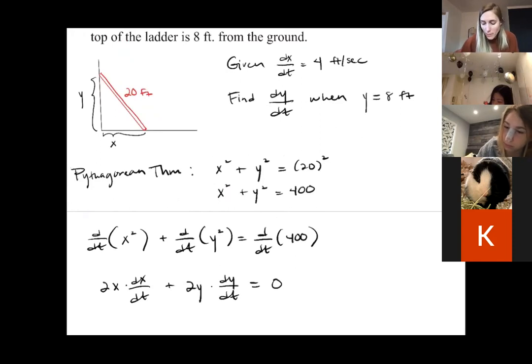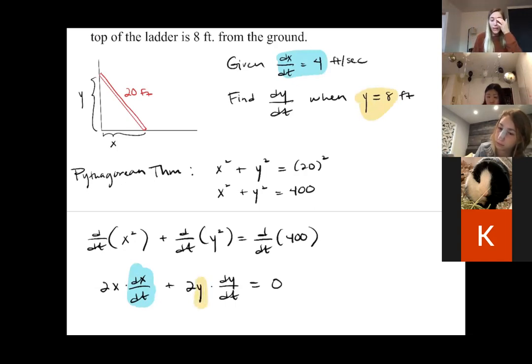Okay, so I'm going to highlight. So I know dx over dt, I can plug 4 in for dx over dt. I know we're finding dy over dt when y is equal to 8. So we'll be able to plug in 8 for y.